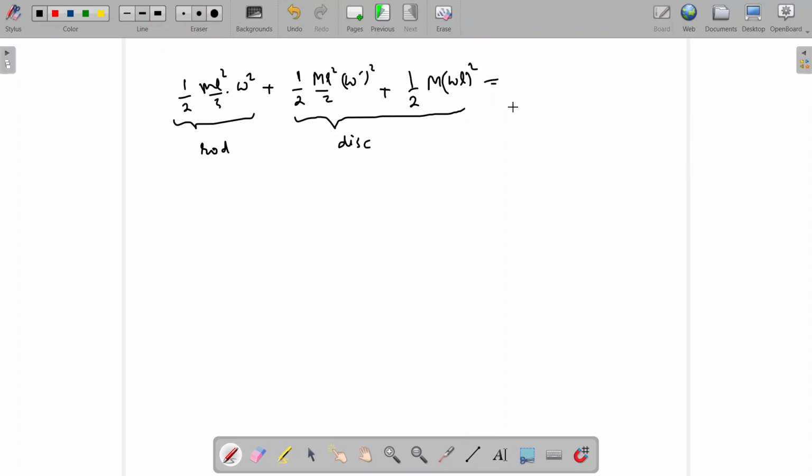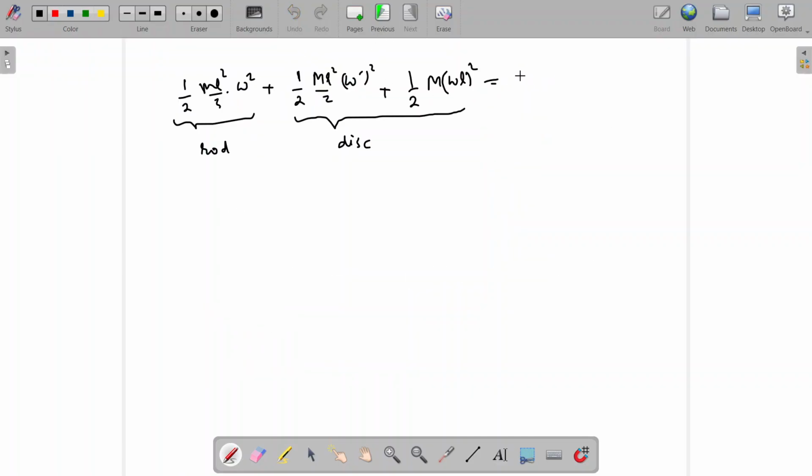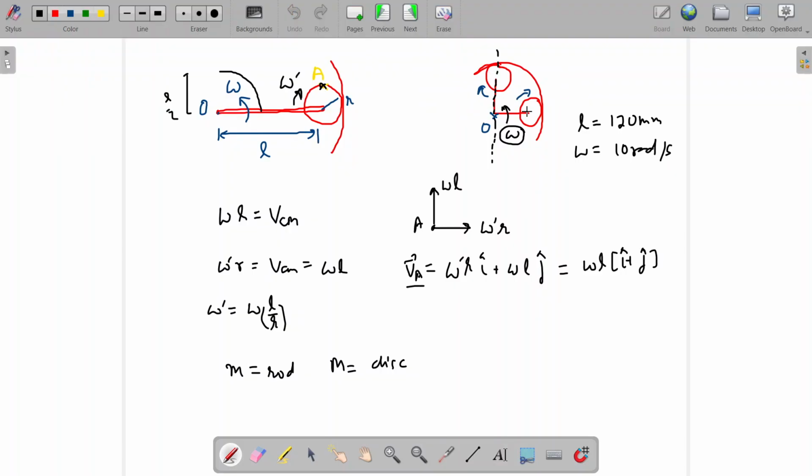the gain in gravitational potential energy of the whole system. There we have to be careful. The center of mass of the rod is going to rise by a height L by 2. So we are going to write mgL by 2, and the disk itself is going to rise by a height of L. It's going to go with this rod at the topmost point of the rod.